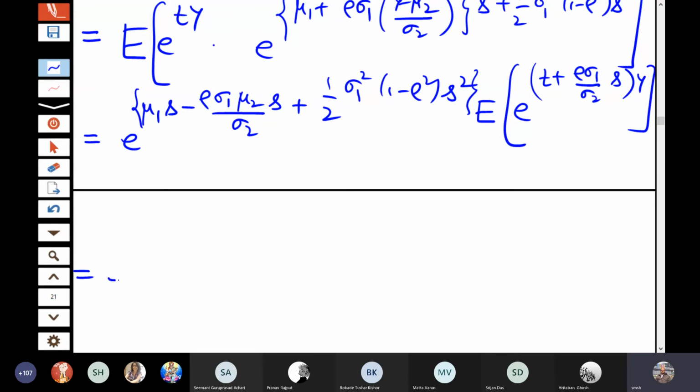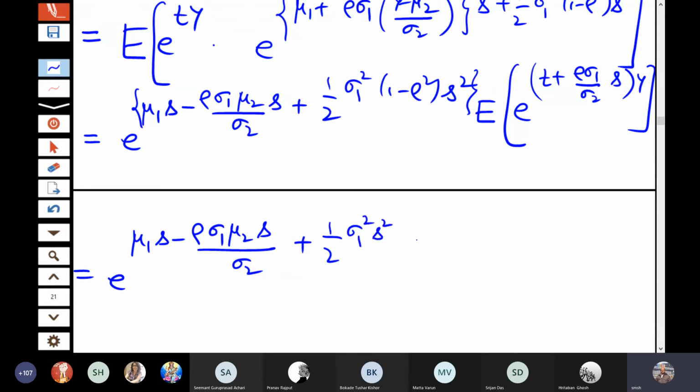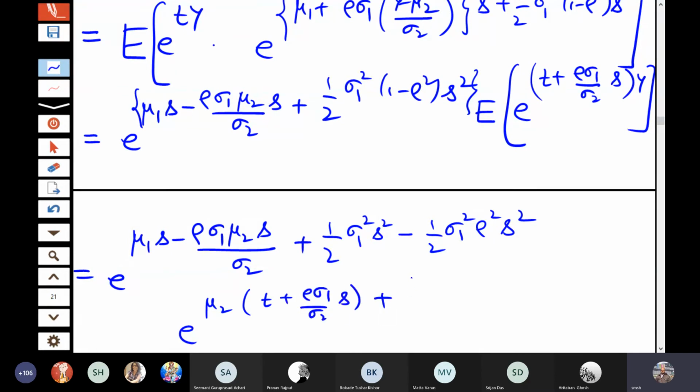So this is nothing but e to the power mu 1 s minus rho sigma 1 mu 2 by sigma 2 s plus half sigma 1 square s square minus half sigma 1 square rho square s square, and this moment generating function is e to the power mu 2 into t plus rho sigma 1 by sigma 2 s, plus half sigma 2 square into t plus rho sigma 1 by sigma 2 s whole square.